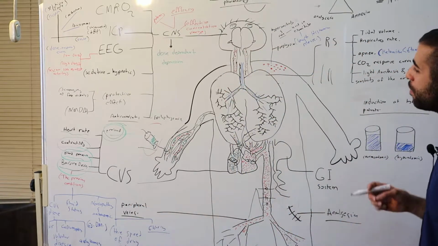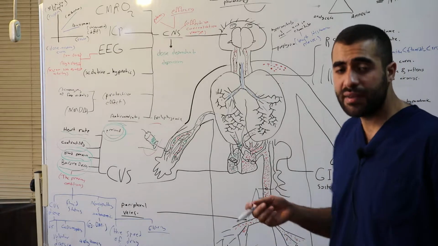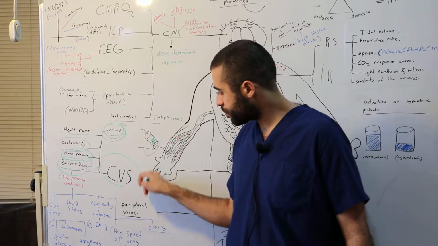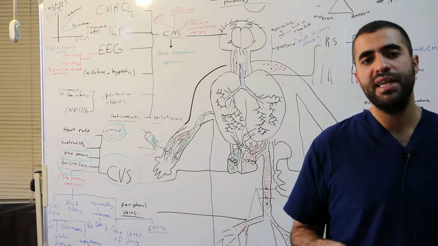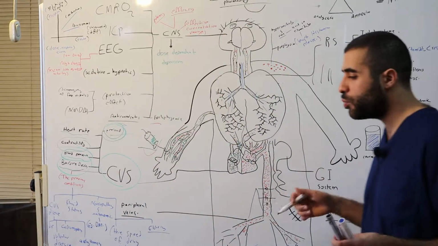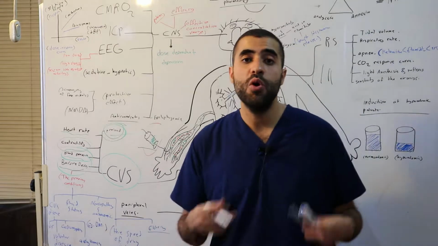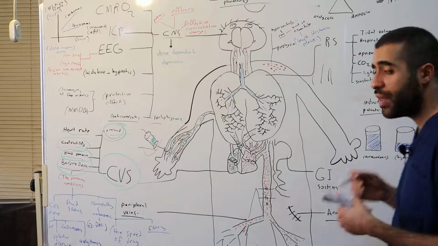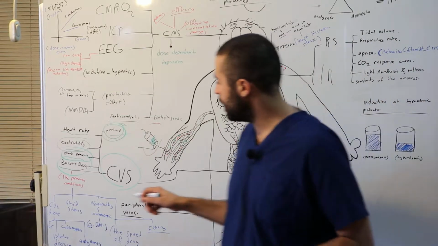So when we talk about the effect of the IV anesthetic on the cardiovascular system, you must always be careful with certain groups of patients who have more tendency to cardiovascular effects than other patients.